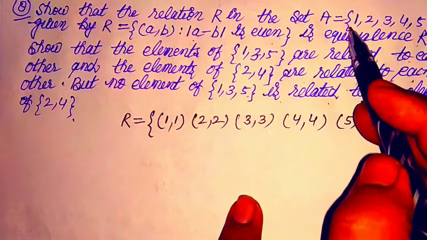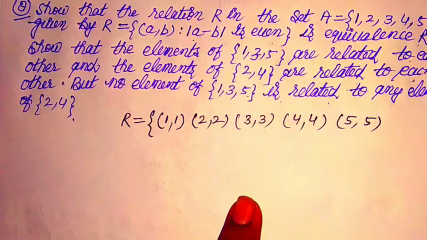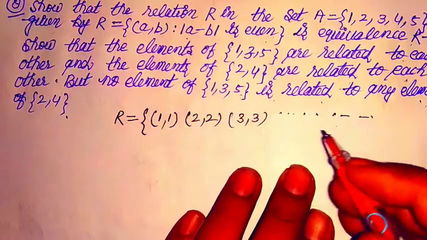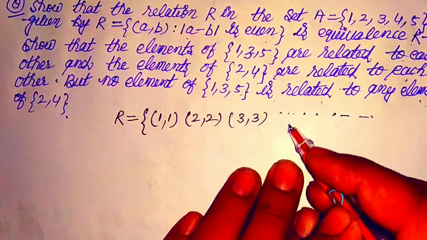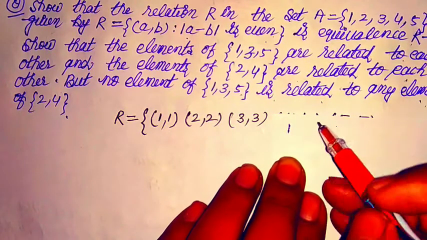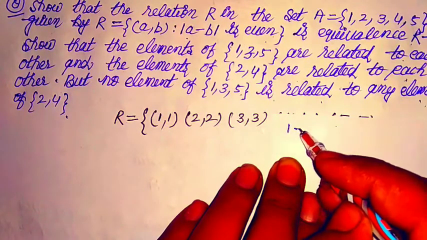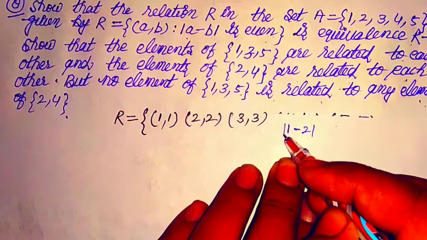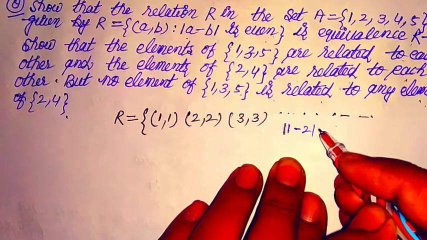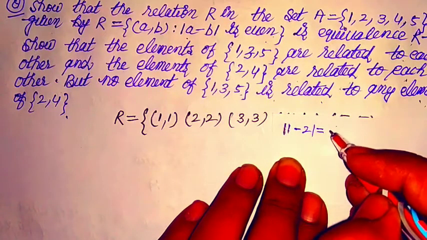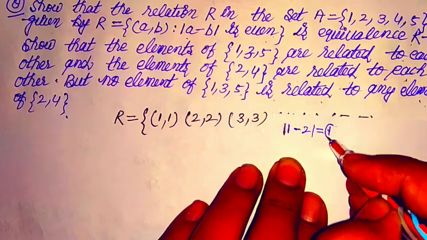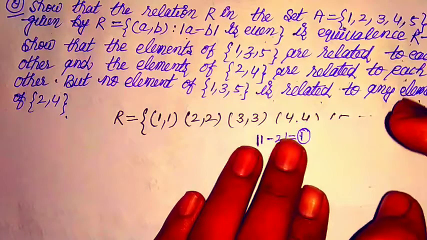Now if we take 1 as a and 2 as b, and subtract and take the modulus, we get 1. So 1 is not an even number.